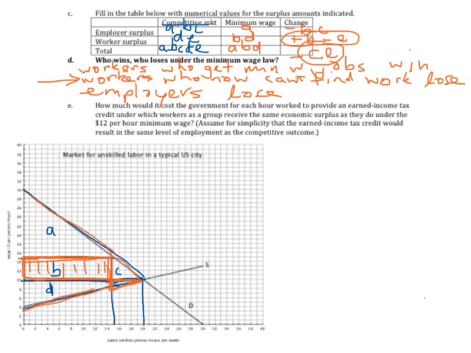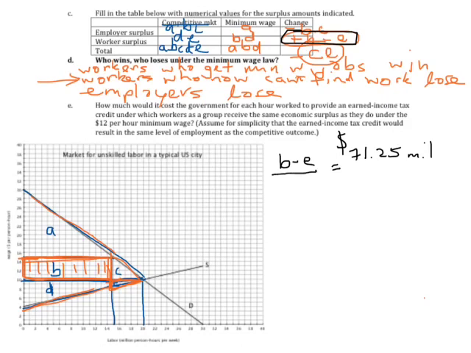Let me change colors. We'll go back to black. We haven't used black in this screen. So I took this net gain, this B minus E, which was the increase in worker surplus, and that turned out to be $71.25 million in total.